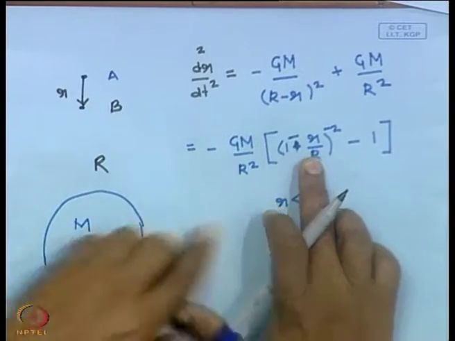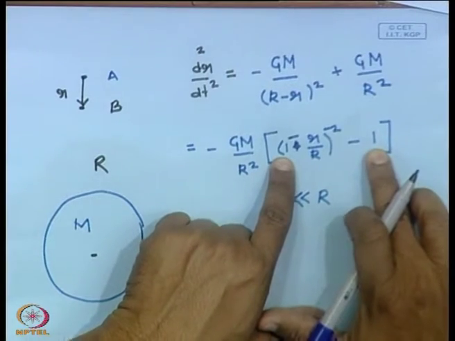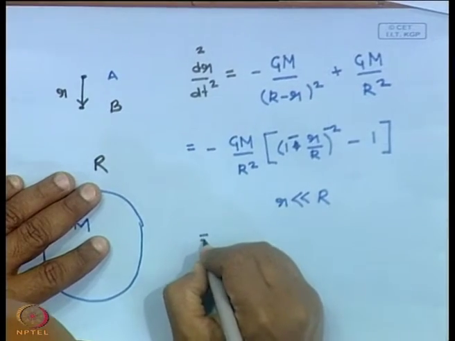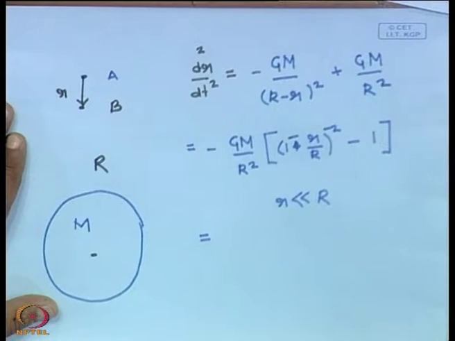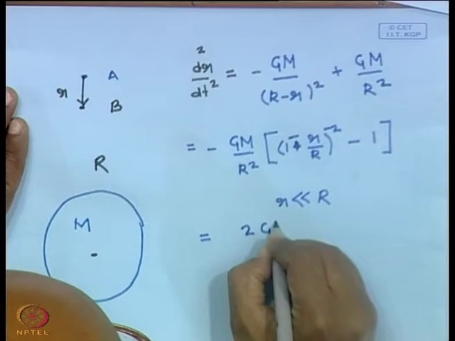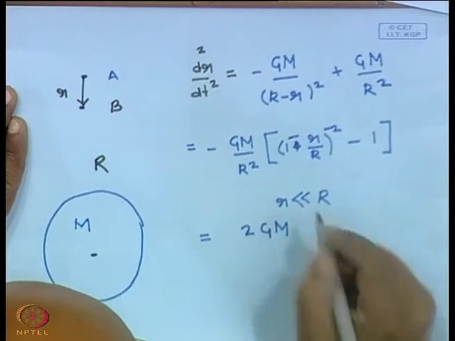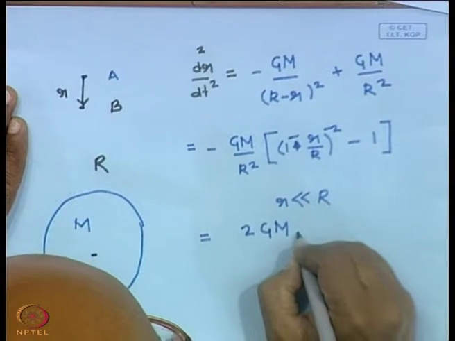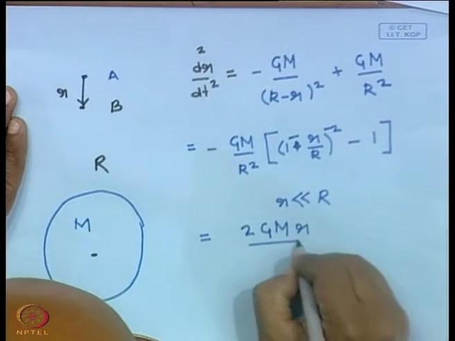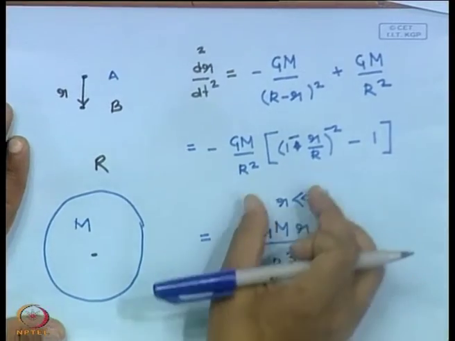If we do that, then this 1 will cancel out with this 1, and what we are left with is that this is equal to 2 GM into r by R cube, right. I am doing a Taylor expansion in this.